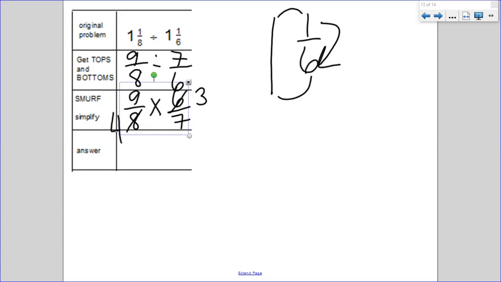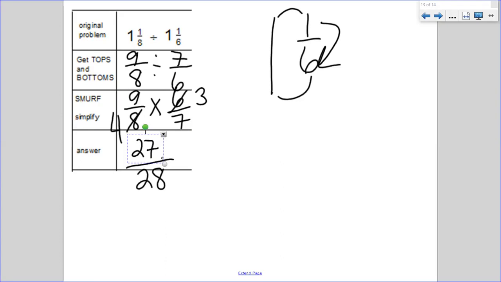I need to do the what? Hopefully you said multiply the numerators and denominators. That would be right. So I'm going to multiply 9 times 3 and get 27. And then I need to do the bottom, 4 times 7, and I get 28.